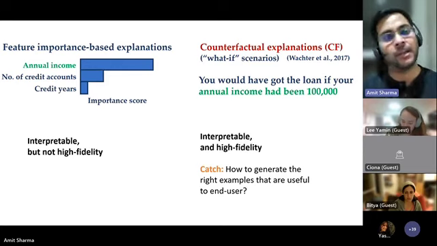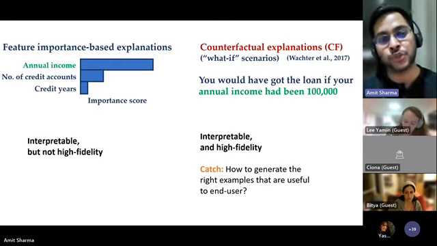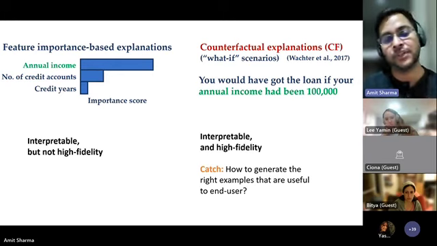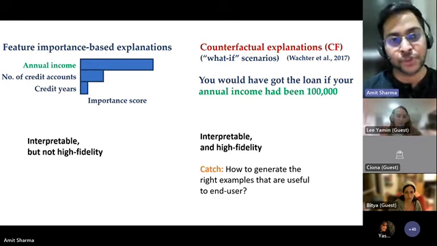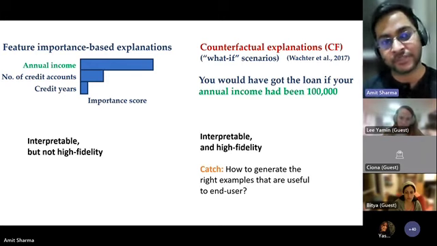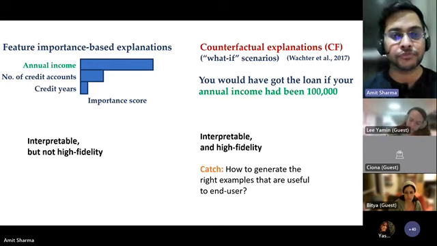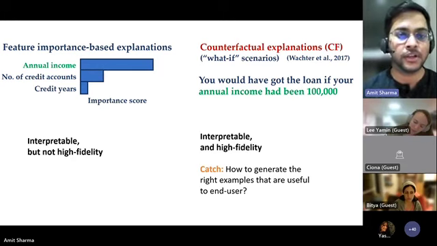Nobody knows, right? Maybe it's the most important feature, but your annual income is so low that even if you double it or even if you make it 10 times, you're still not going to pass the bar. And maybe credit years is less important, but perhaps if you change it and you just wait 5 years, that's enough, right? So it's not giving you enough information about the model.